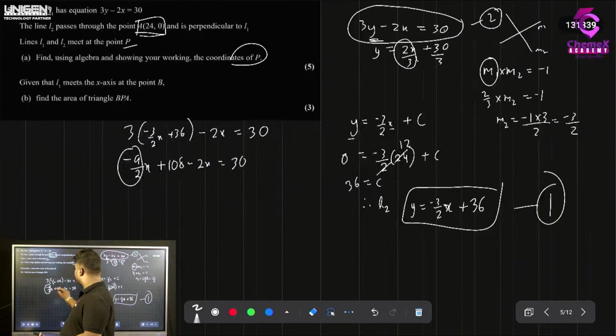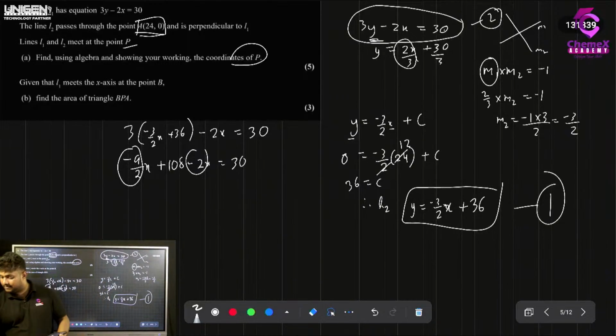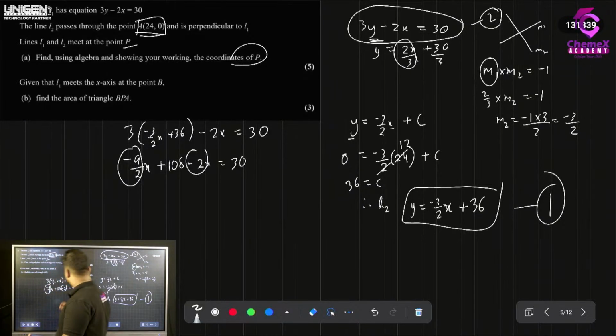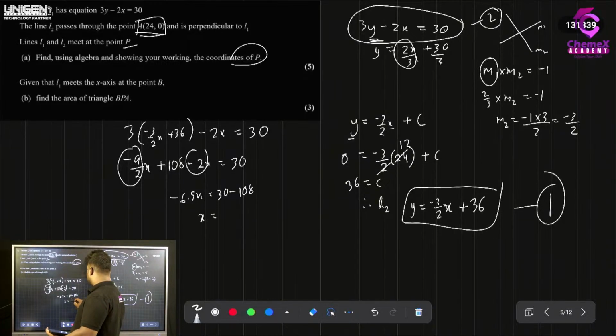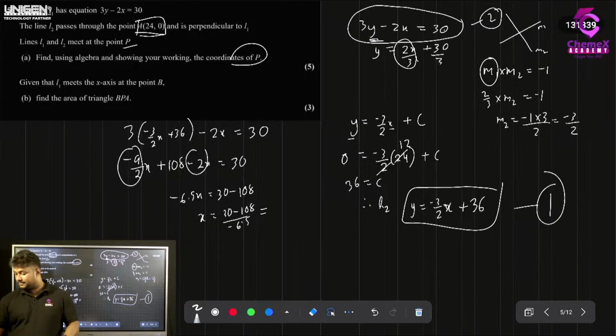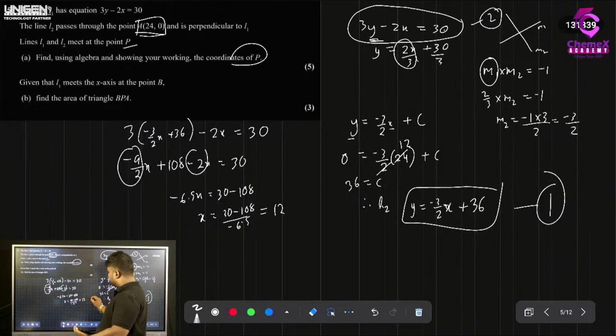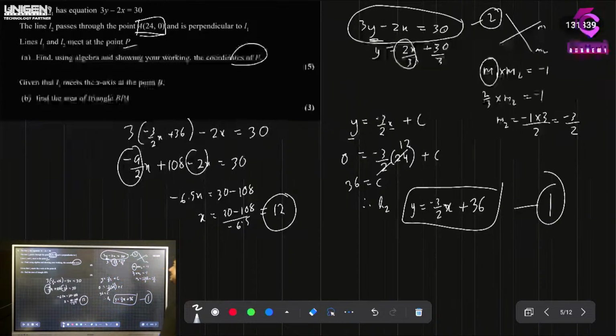So minus 4.5 minus 2, it's minus 6.5. So minus 6.5x is equal to 30 minus 108. Then x is equal to what? 30 minus 108 divided by minus 6.5. What's the answer? So x equals 12.